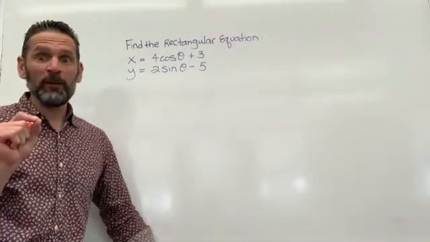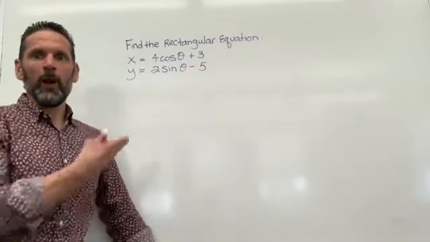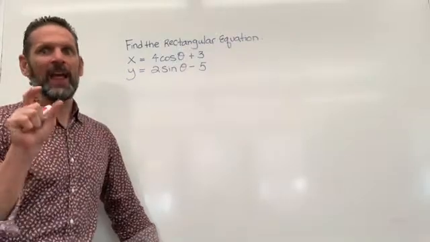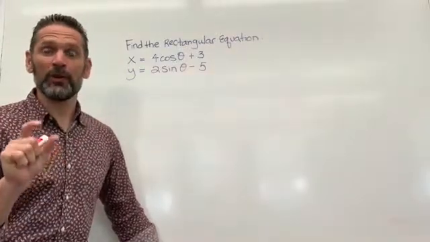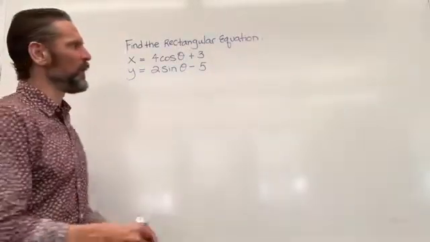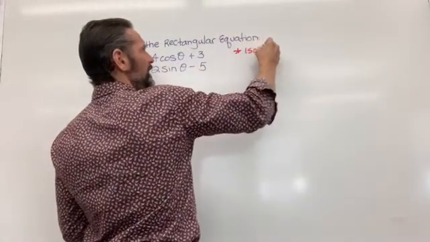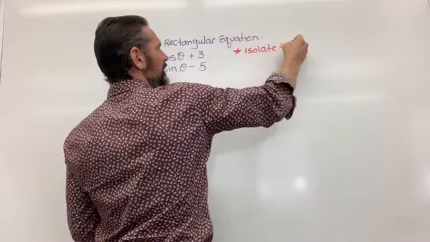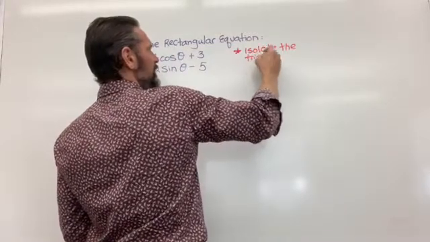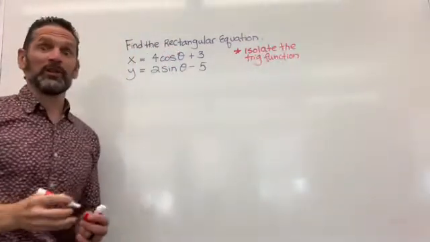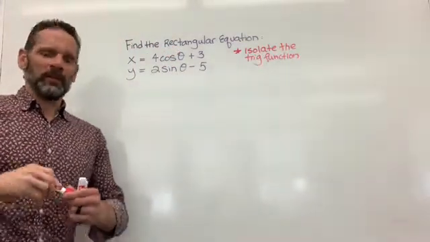Instead of solving for theta and substituting, when I'm given a trig problem, I try to isolate the trigonometric function. That will be our key. We're going to try to isolate the trig function.